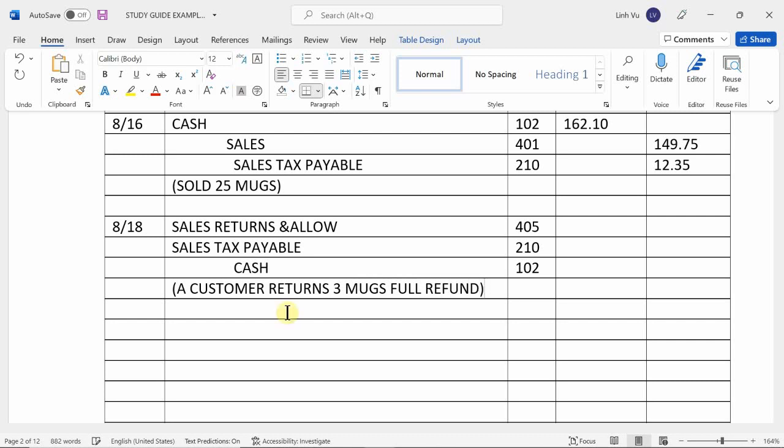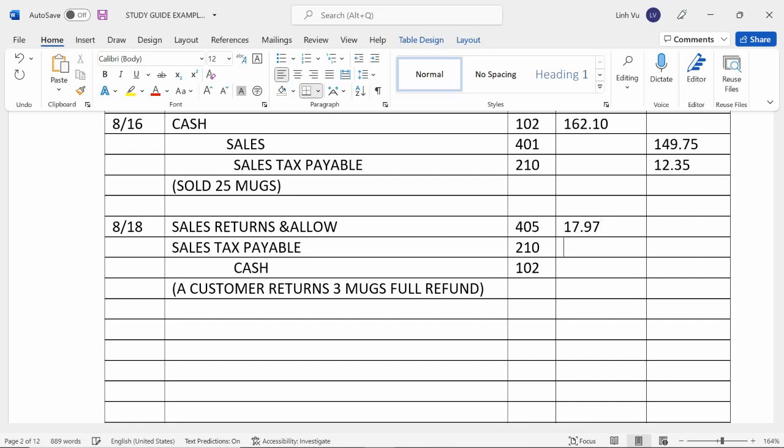So in this case, sales returns and allowances. If we charged our customers $5.99 per mug and we are returning 3 of them, it's going to be for $17.97.